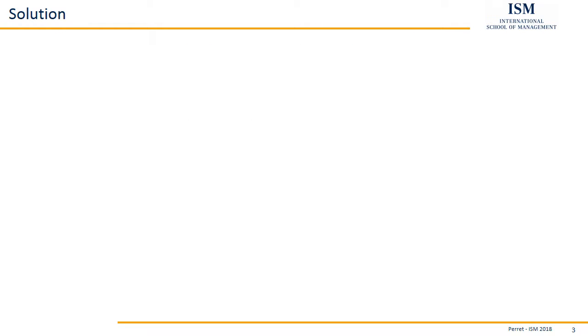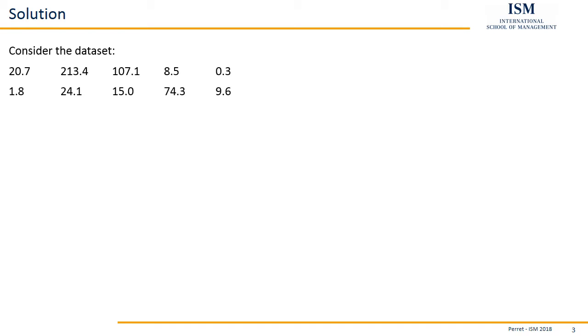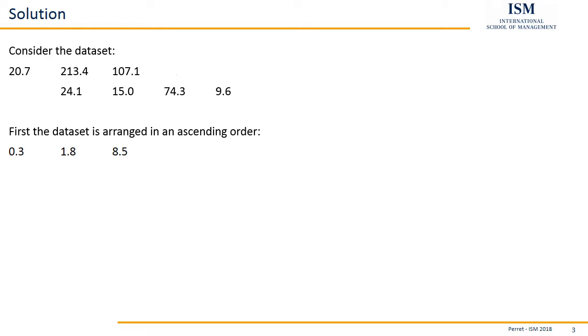Okay, let's do this. First off, we need to order our data set. So we consider this data set and arrange it in ascending order. We select the smallest value, 0.3, erase it from the original data set, then the next largest one, 1.8, 9.6, 8.5, 9.6, 15, and so forth.